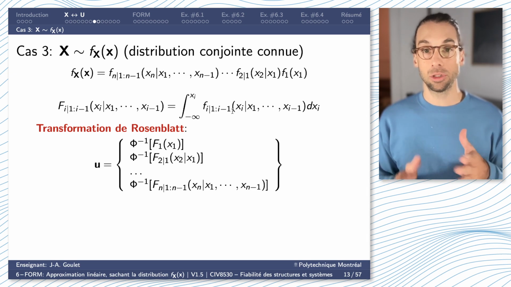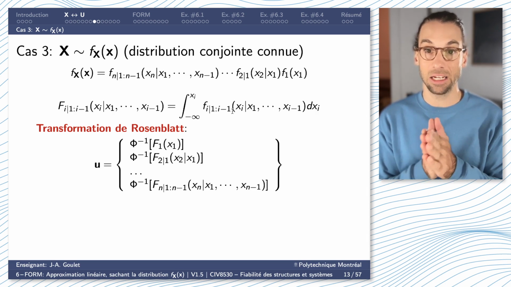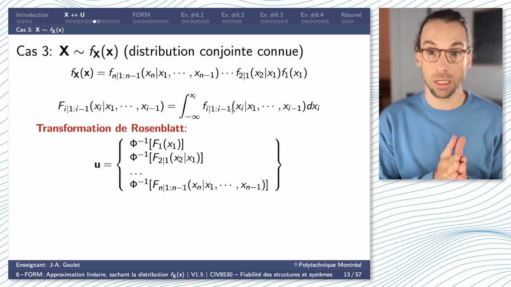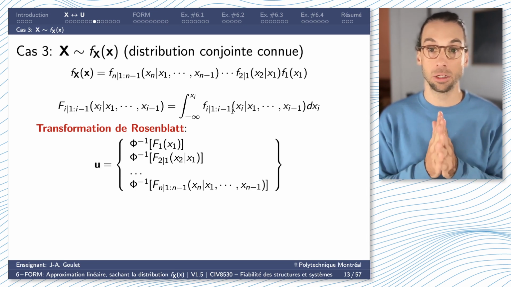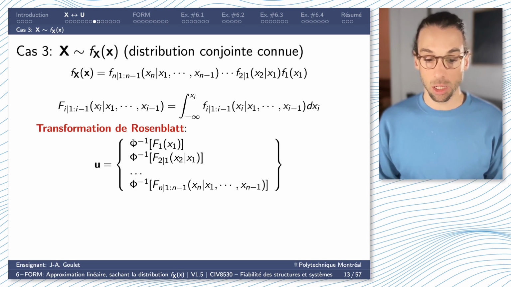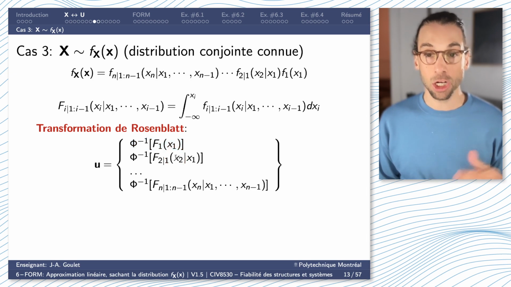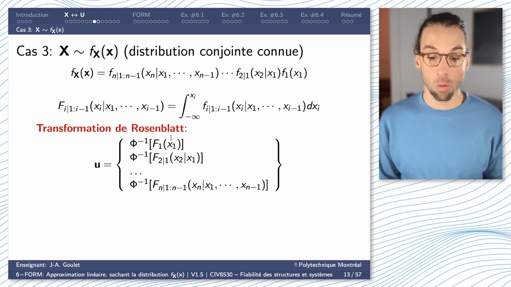And this allows us to represent the transformation between the original space X and the standard normal space U using what is called the Rosenblatt transformation. So we transform our first dimension by the equality of CDF. Then we're going to transform our second dimension by the conditional CDF of x2 knowing x1.